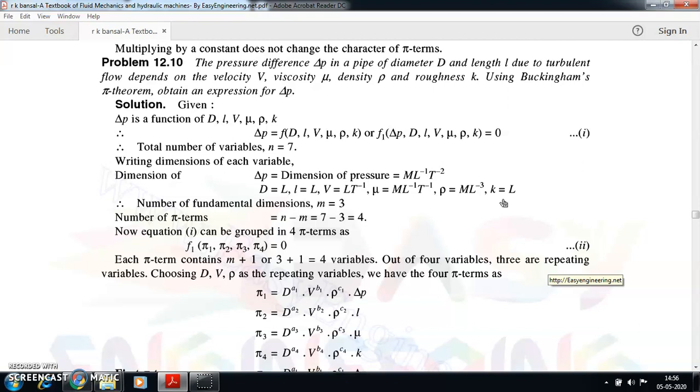So roughness is a length, so it is L. The number of fundamental dimensions involved in all the variables is 3, which are mass, length and time, so your small m is equal to 3.